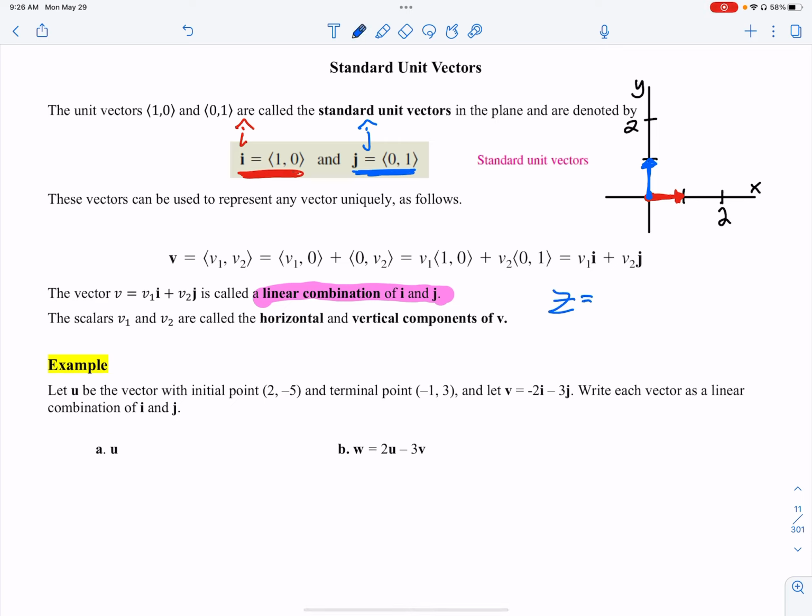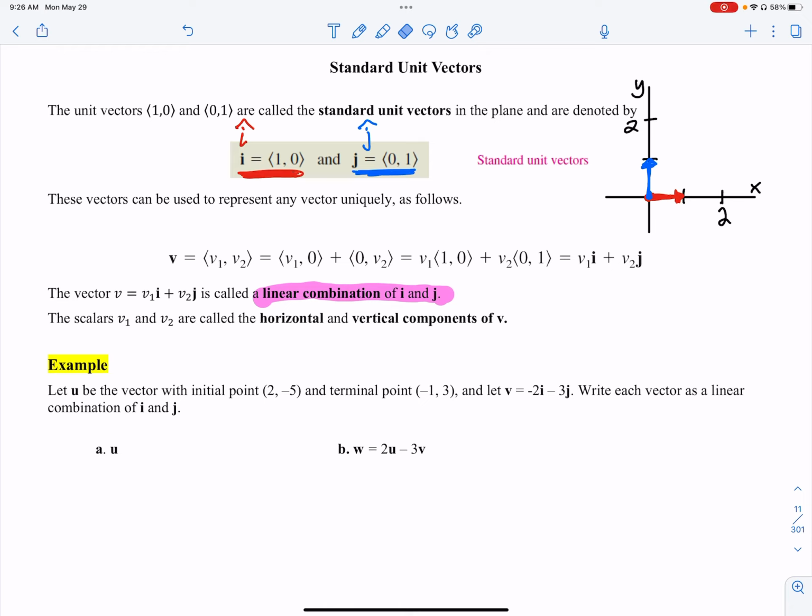If I do z equals c1 x plus c2 y, this is a linear combination of x and y. Anytime I take a real number times a variable plus a real number times another variable, or i and j, really times anything, you would call it a linear combination in that manner. So these are linear combinations, the i, j.